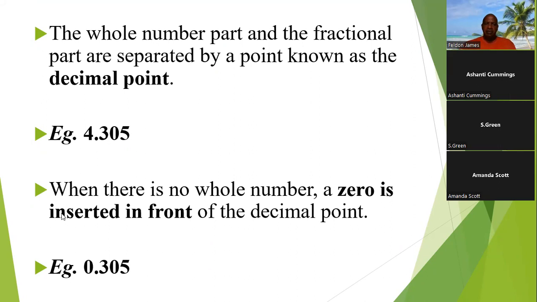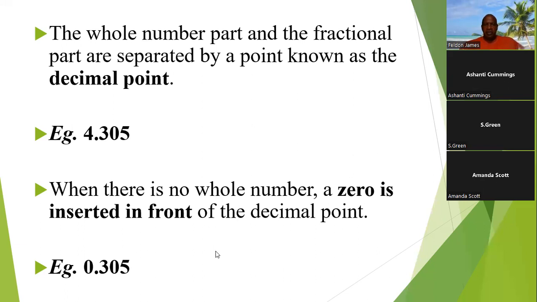When there is no whole number, this is something you should make a note of: we insert a 0 to take the whole number position. So if we didn't have a 4 here, then we would put a 0.